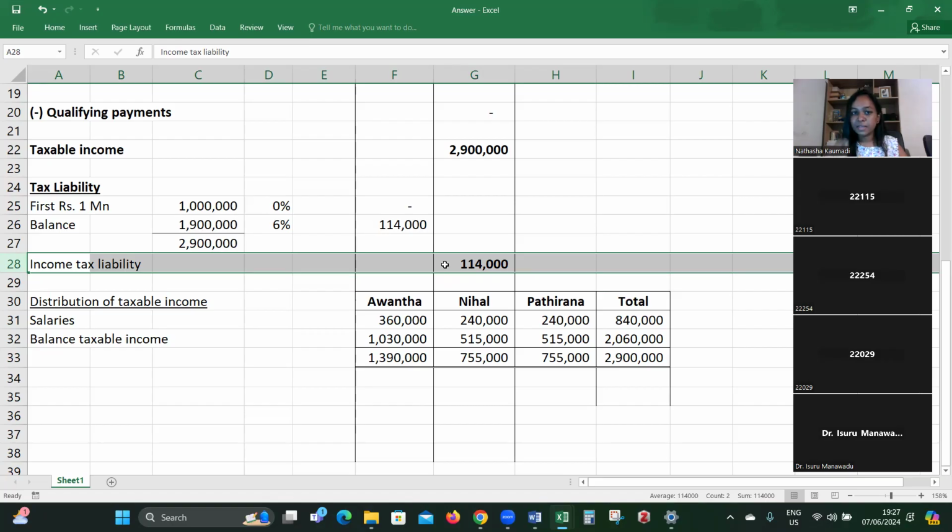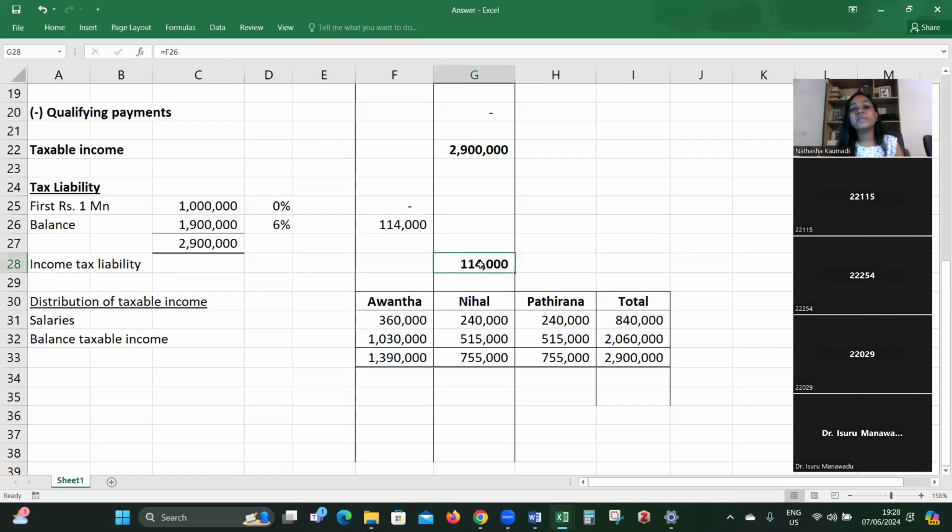When the taxes have been paid by a partnership, those amounts can be claimed by the partners as tax credits. So here, when Avanta, Nihal and Patirana calculate their individual taxation, they can claim part of this partnership income tax liability paid as tax credit.